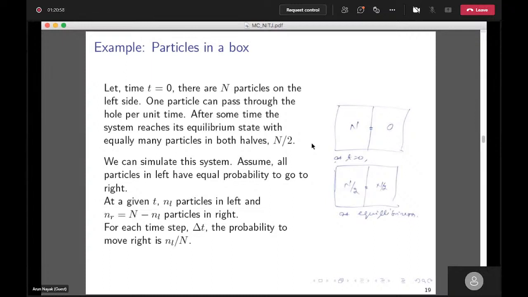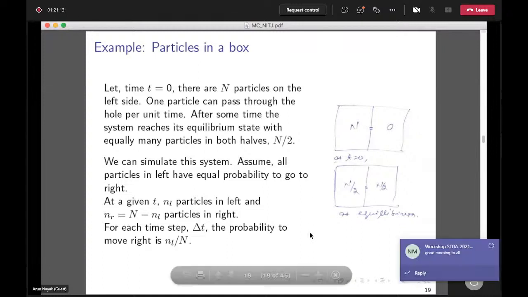So at time t equal to 0, you have this portion with n particles. At each time step, you have a probability for one particle to go from left to right or right to left, and this depends on the density of these particles.